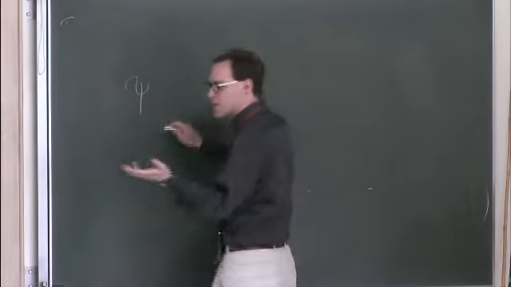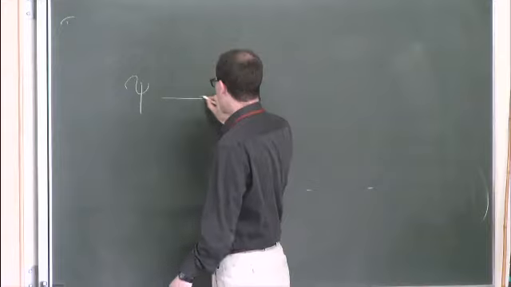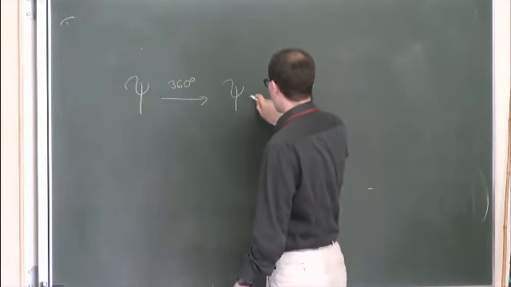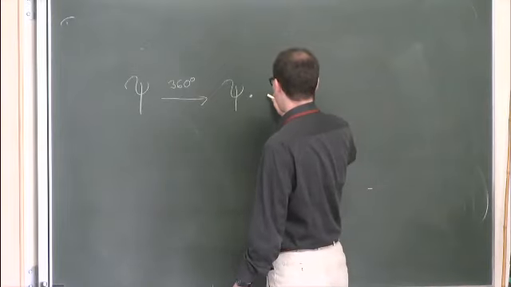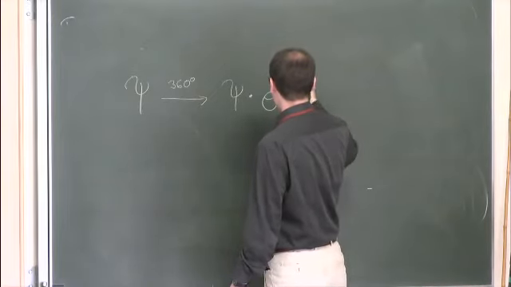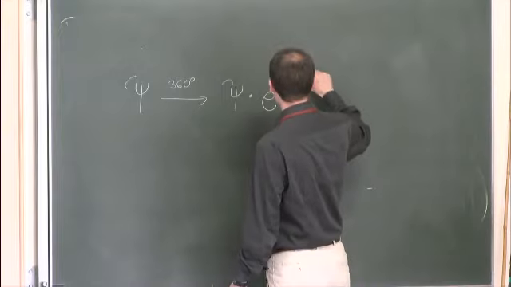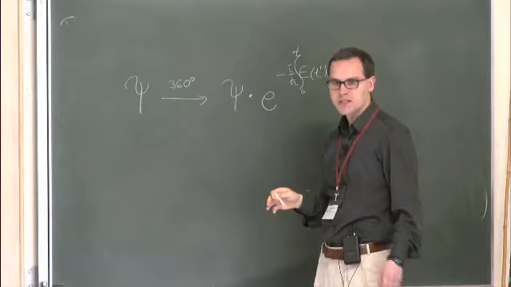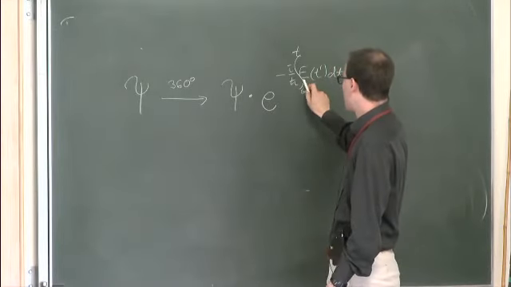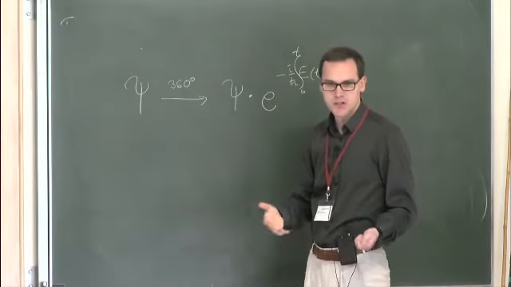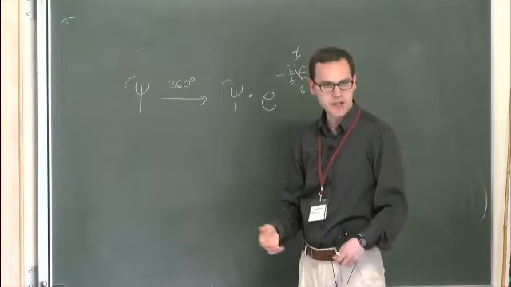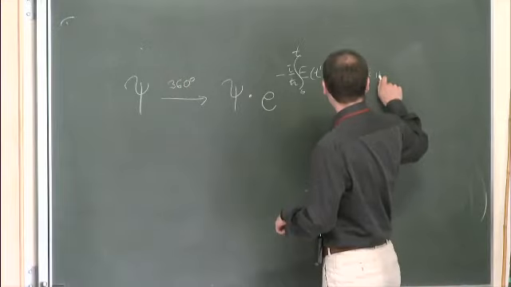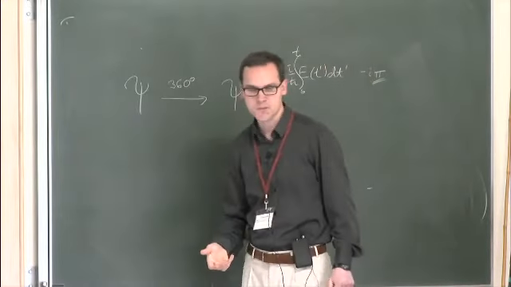So psi is supposed to be the spinor describing my spin 1/2 particle, and after a 360-degree rotation, I will find that this is the original psi, but it has a phase accumulated because at each point in time, I have a certain energy that would be connected to the magnitude of the magnetic field. That is the dynamical phase. That is, so to speak, the simple part that you would always expect. Plus, there will be an extra part, this extra phase of pi, and that's the specialty of spin 1/2.